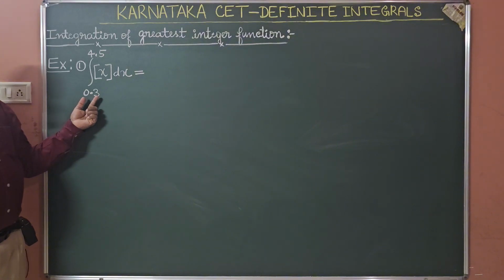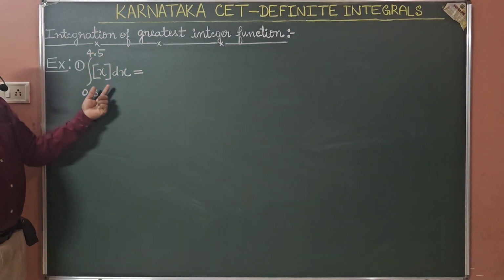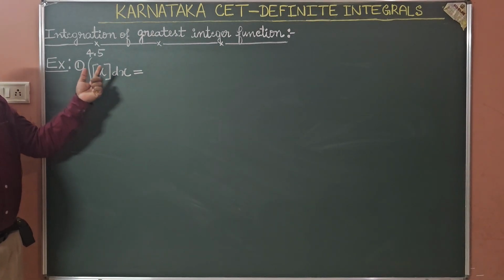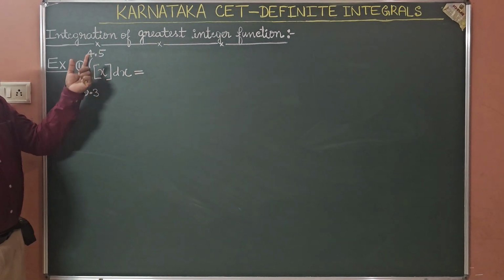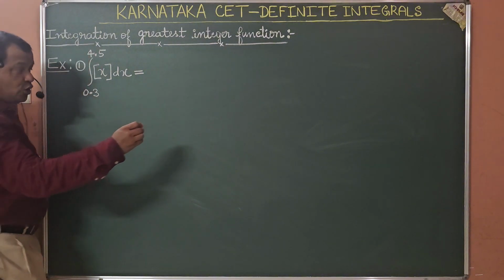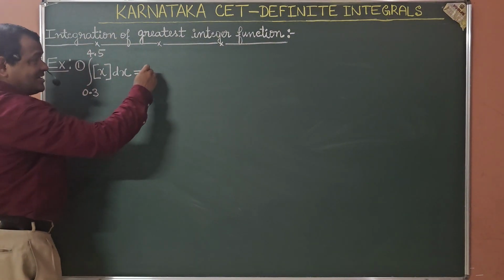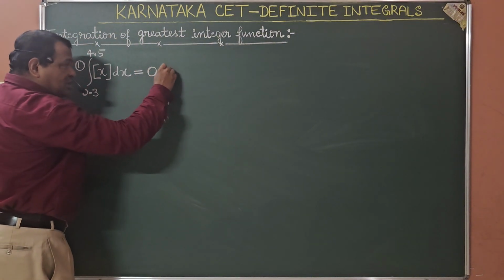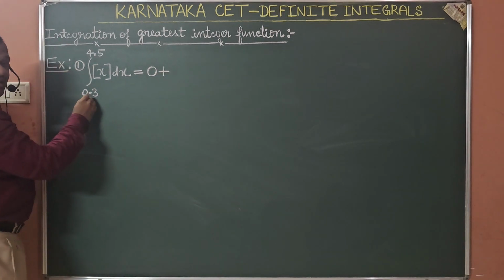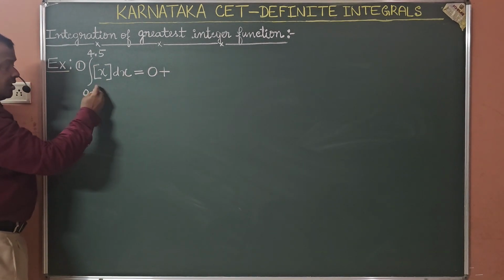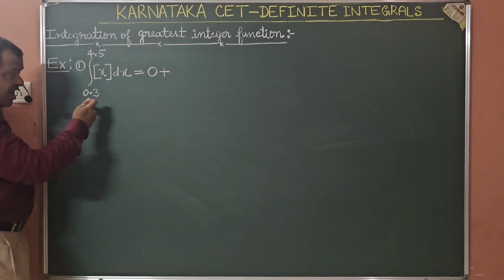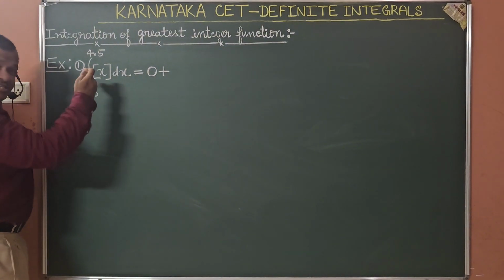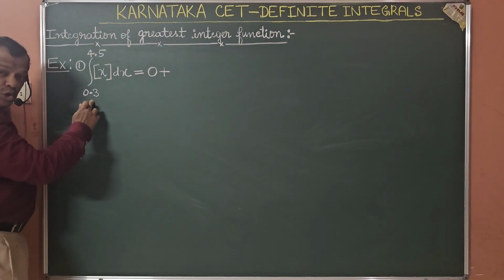The lower limit is not 0, so I will tell you the short trick to solve this type of integral. You have to start adding from 0. The lower limit is 0.3, so please take the previous immediate integer, that is 0.